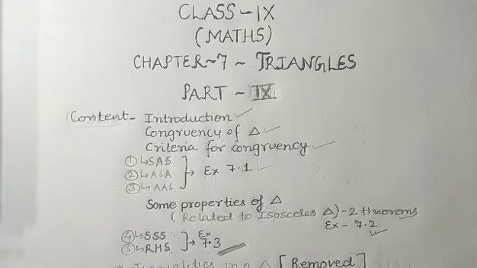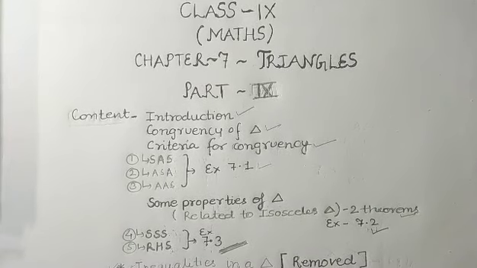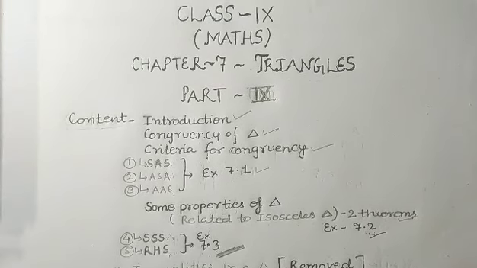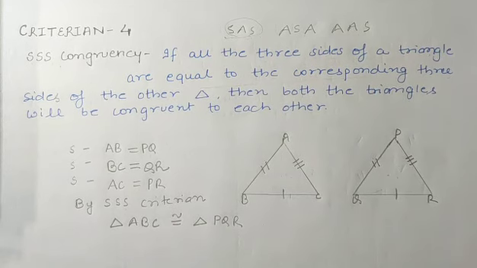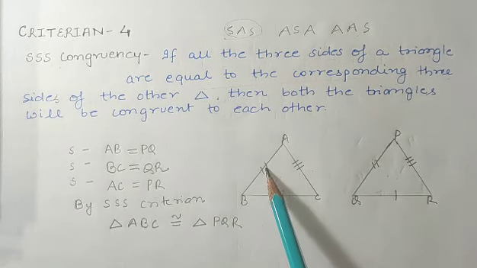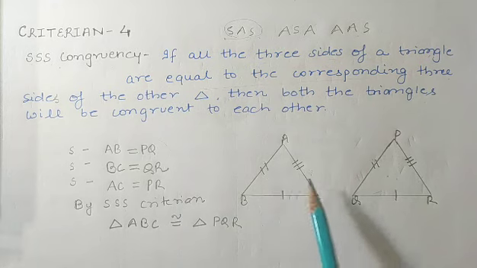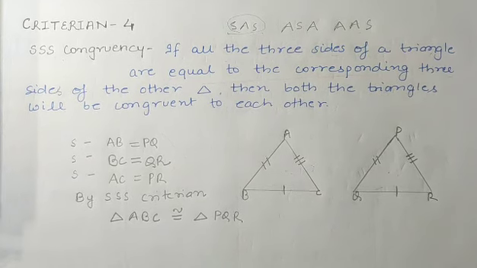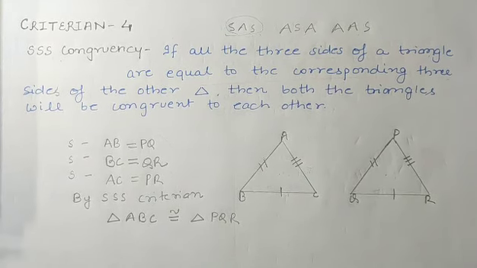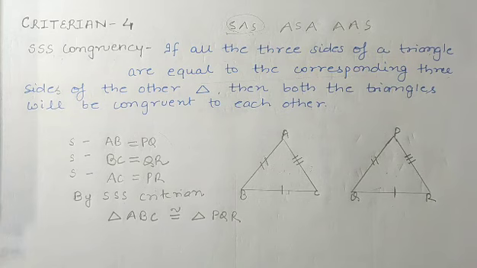Okay students, let us see what we have studied yesterday, the SSS criteria and the RHS criteria. Let us revise once again. In the SSS criteria, I have told you that whenever all the 3 sides of a triangle are correspondingly equal to the 3 sides of the other triangle, then the 2 triangles will be congruent by the criteria SSS.